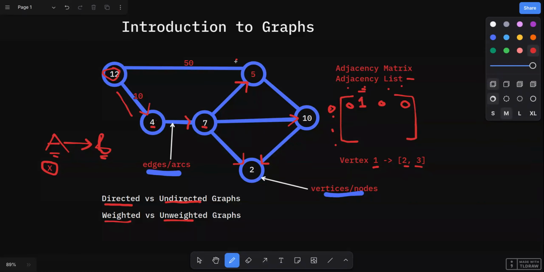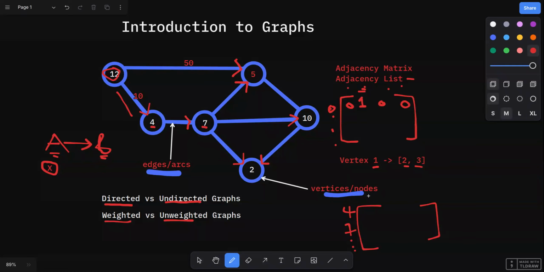So let's say these are directed graphs, and we want to build an adjacency matrix here. We're going to have a matrix representation, and we'll represent all of them. So let's say we have 4, then we have 7, then all the others following down.